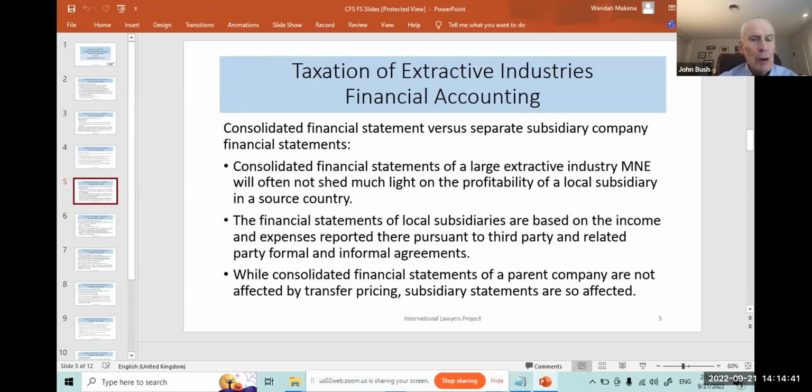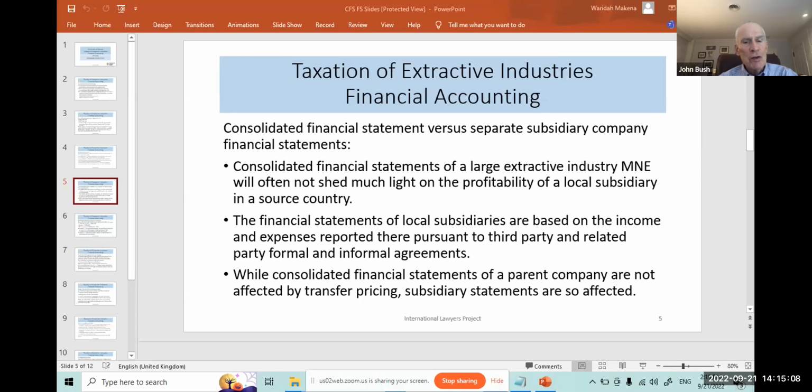All right, we're going to talk about consolidated financial statements here versus the statements of subsidiaries. I think for the most part, the participants in this course will see the financial statements in their local jurisdictions, which will be the statements of subsidiaries.